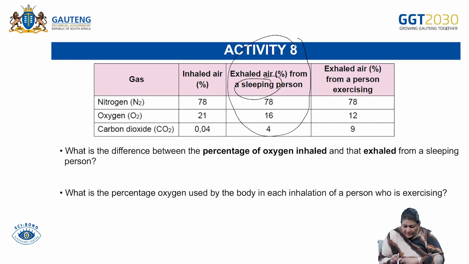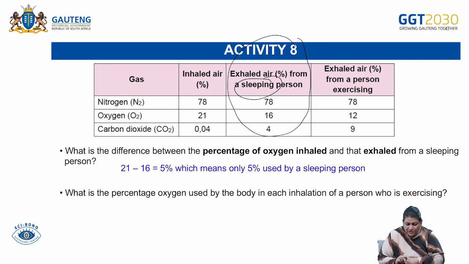And that exhaled. So when we exhaled air in a sleeping person, we exhaled only 4. Can you see that? We exhaled only 4% oxygen, so here it's going to be 21 minus 16 is 5. They made a mistake here, but actually this is carbon dioxide, which means now we used 5%, which means only 5% was used by a sleeping person.